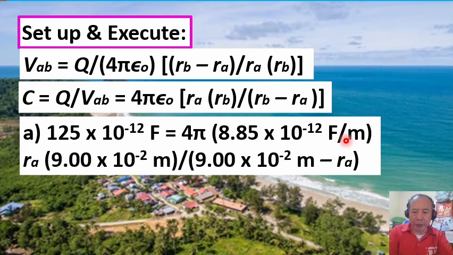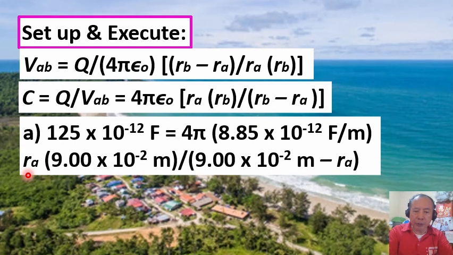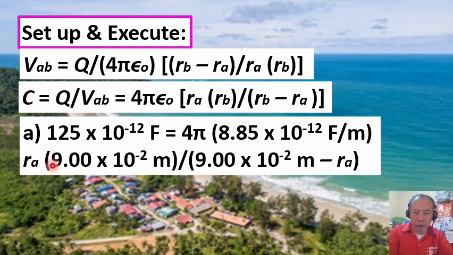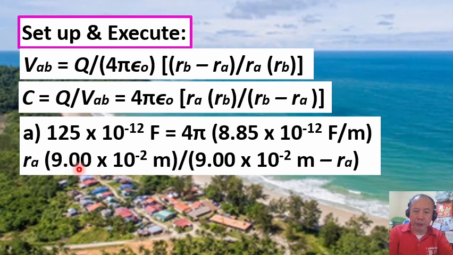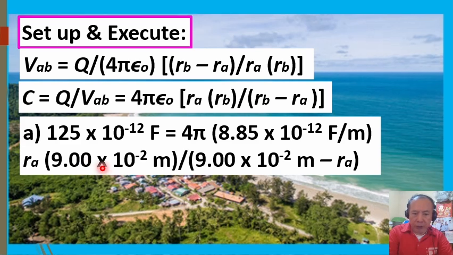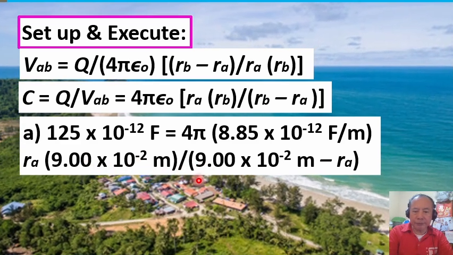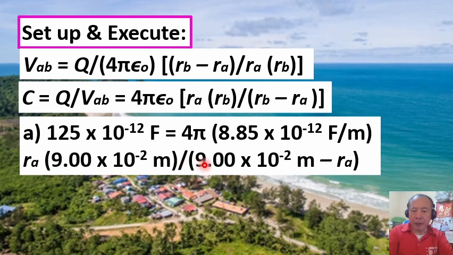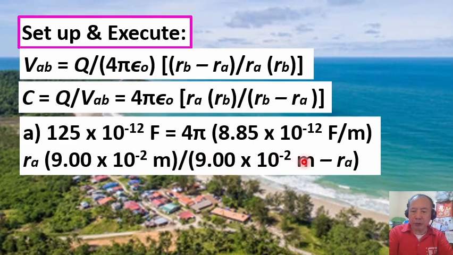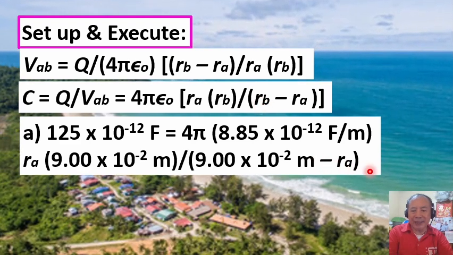And then multiplied by the unknown variable R sub A, also multiplied by the given value of R sub B, 9.00 times 10 to the negative 2 meters. Then divided by 9.00 times 10 to the negative 2 meter, that's R sub B, minus R sub A.